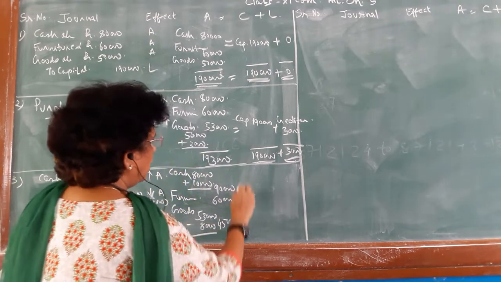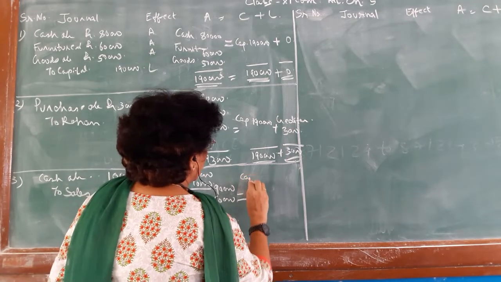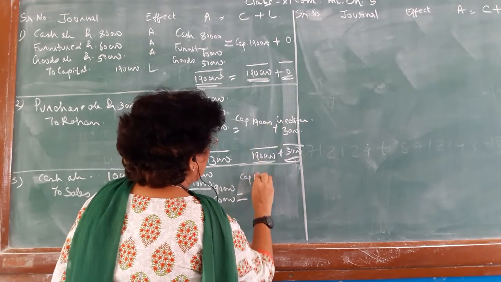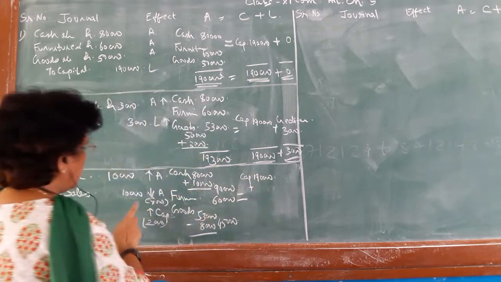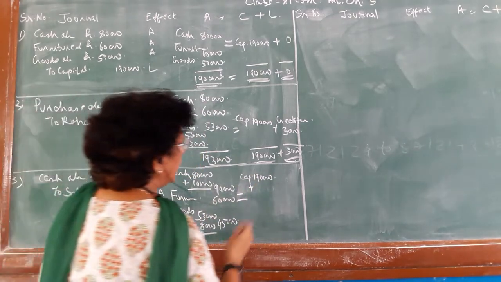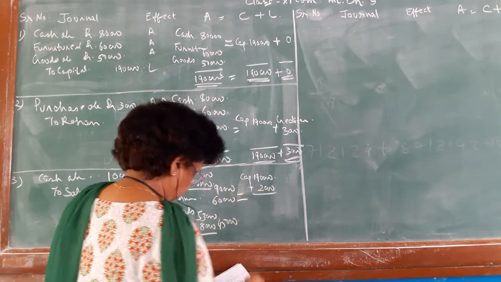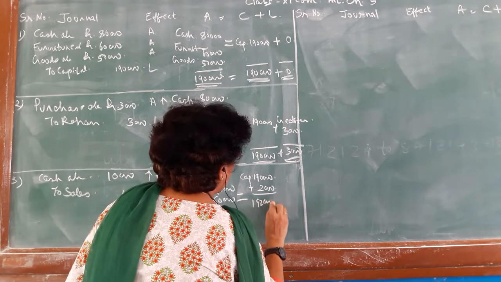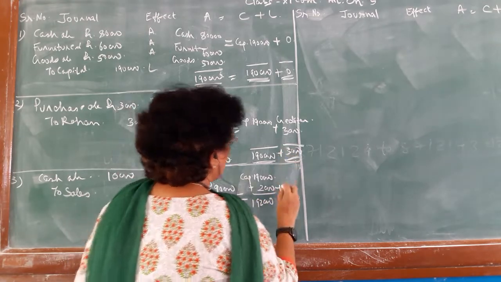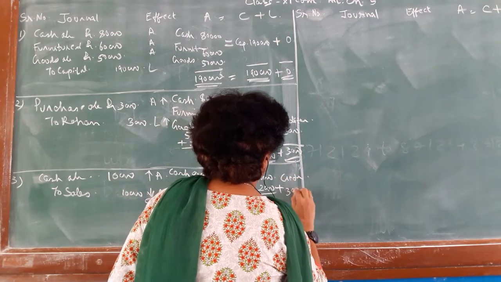Okay. Now let us see on the capital side. Your capital, earlier 1,90,000, plus you have earned the profit. That profit is to be added to the capital, 2,000. So your total becomes 1,92,000. And here your creditor remains same, 3,000.